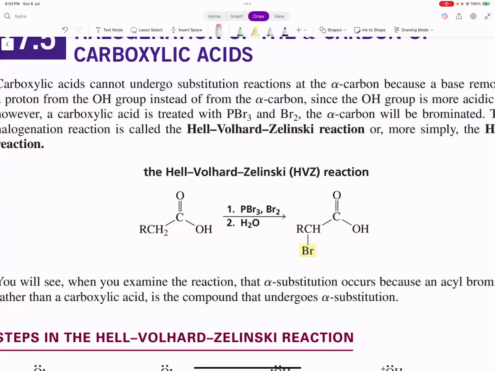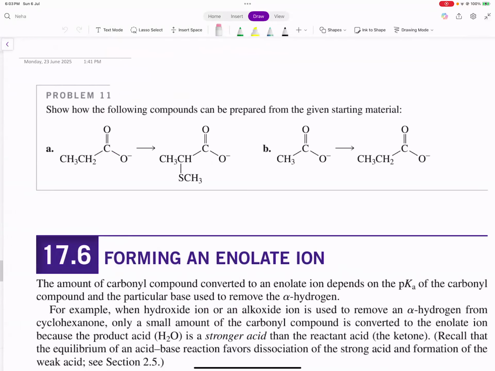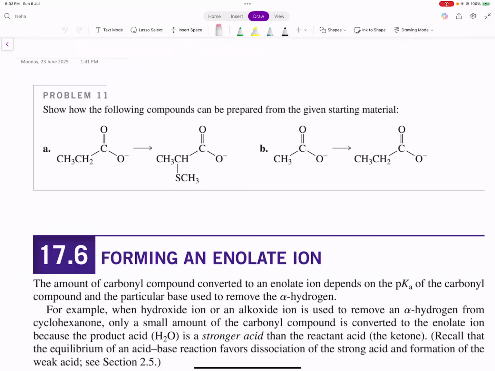We just have to convert. Here we can use CH3SH. Yes, the Br has been replaced. First, we simply do PBr3, Br2, and H2O. We get alpha halogenation. Then we use CH3SH and replace the Br. Yes, sir, got it. Write it and send it, because writing will make you remember.